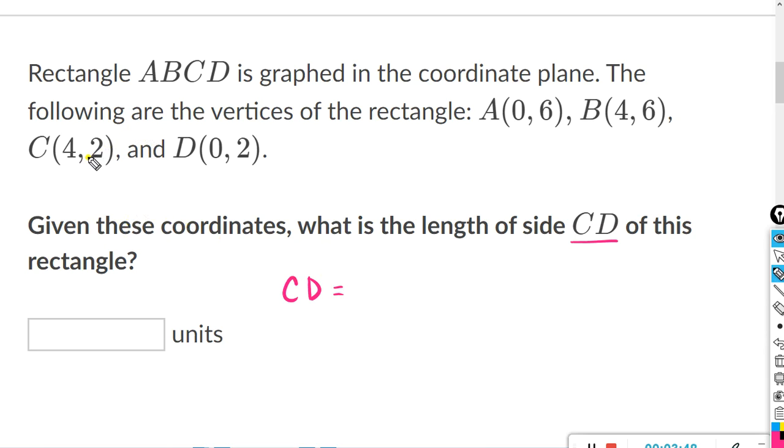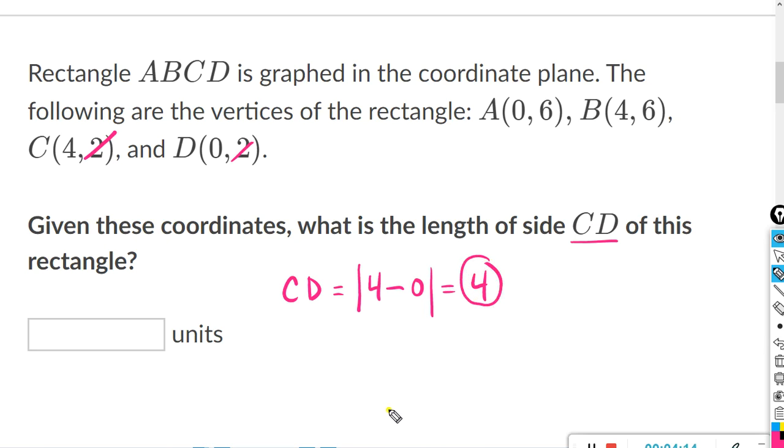So just ignore the 2 on both C and D, and we're just going to subtract 4 minus 0. All right, and really you're supposed to take the absolute value in case you subtract in the other direction, because the length or distance is always going to be positive. So of course 4 minus 0 is just 4.